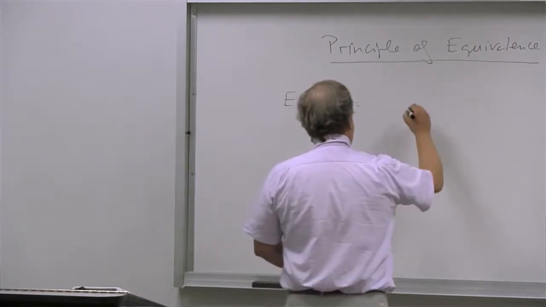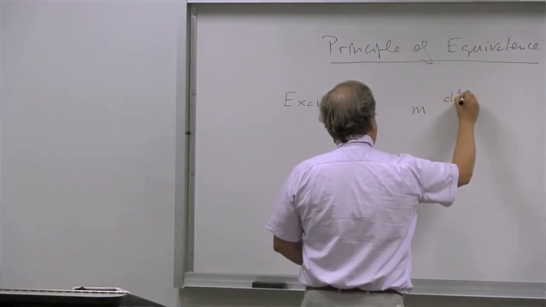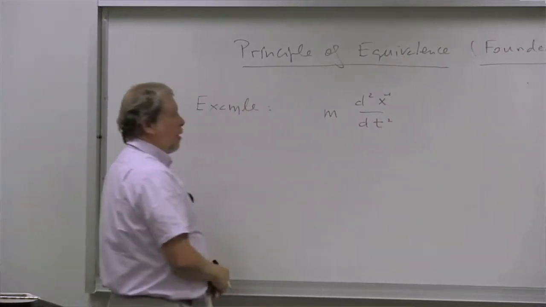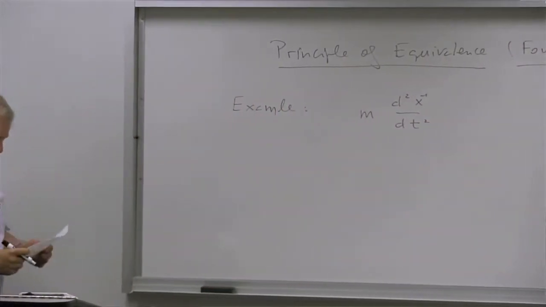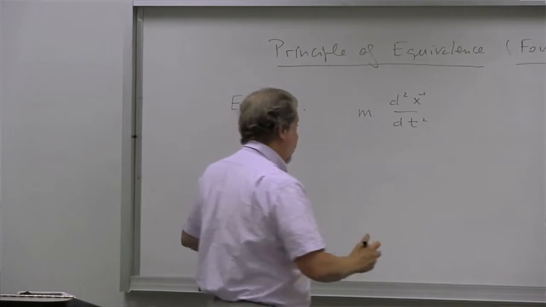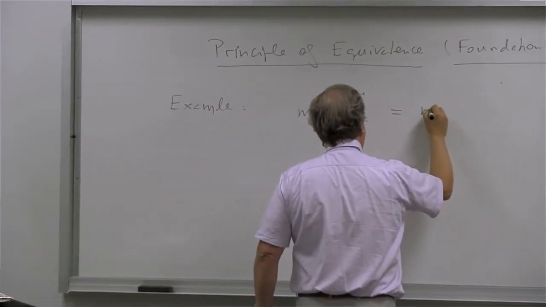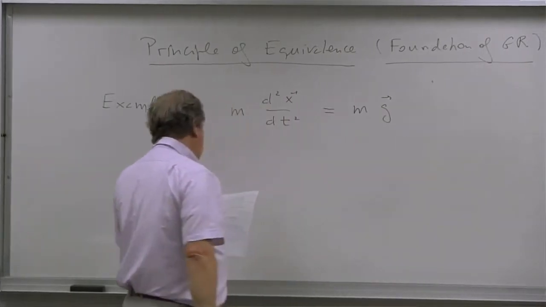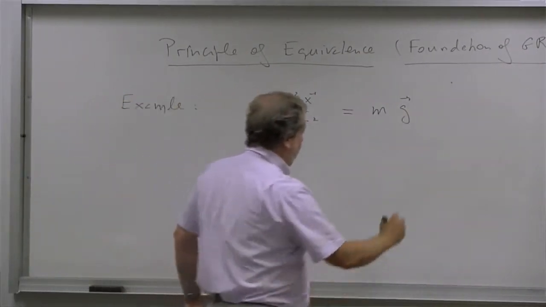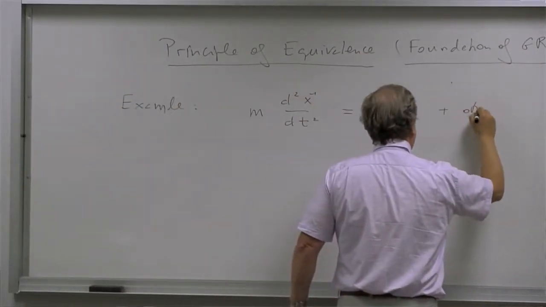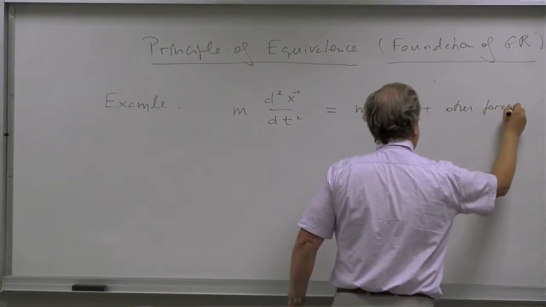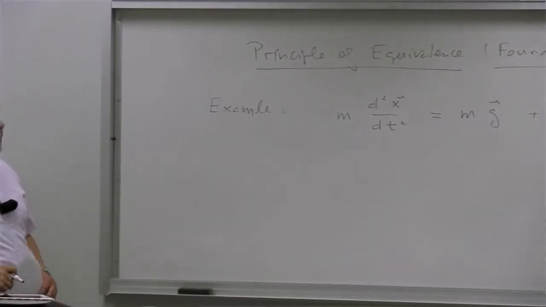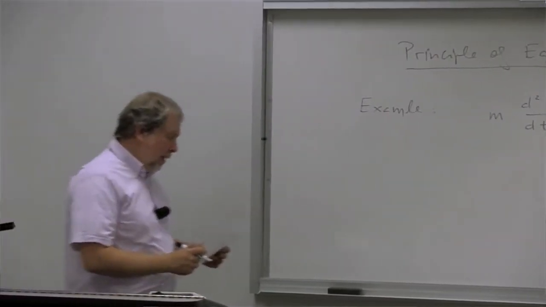And so we just consider a particle that follows Newton's law. So the second derivative of the coordinate with respect to the time is equal to the acceleration due to gravity, so is equal to m times g, right? And there could be other forces as well, which are non-gravitational, and therefore that we will at this stage ignore, right?